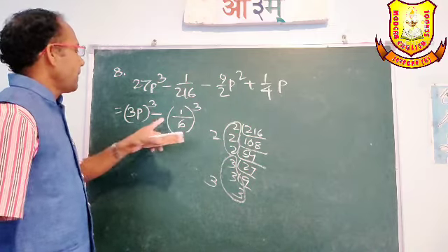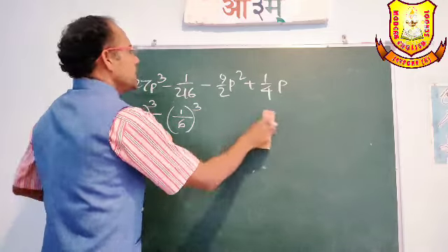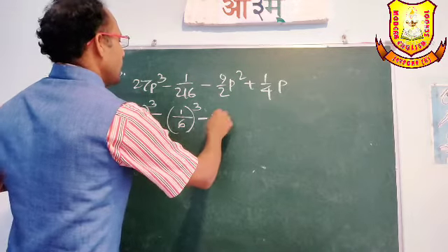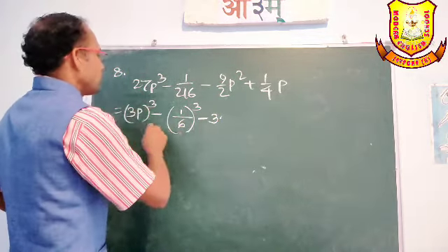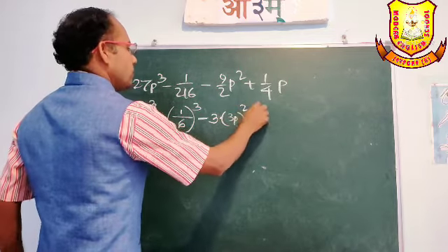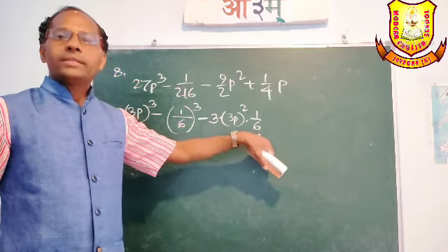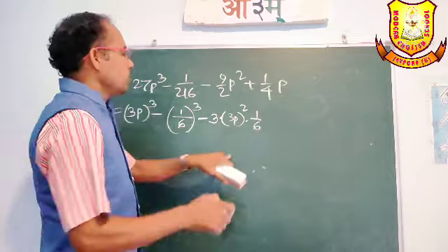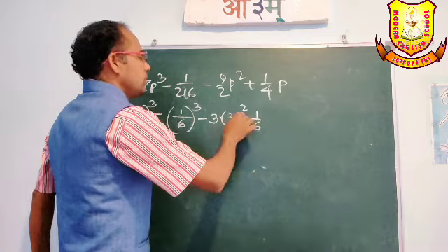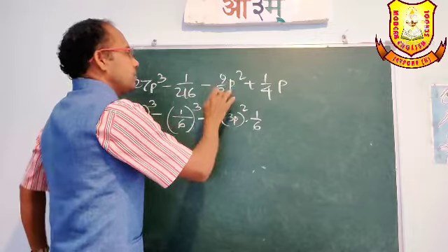Okay, this is a cube minus b cube. You got a and you got b. Now we can write this one, a cube minus b cube minus 3a square b, equal to 3p square times 1 by 6. You see 3 divided by 3 and 6 will be cancelled, so 6 divided by 3 it will be 2. So the denominator is 2, 3 square is 9, 9 p square by 2 it is there.